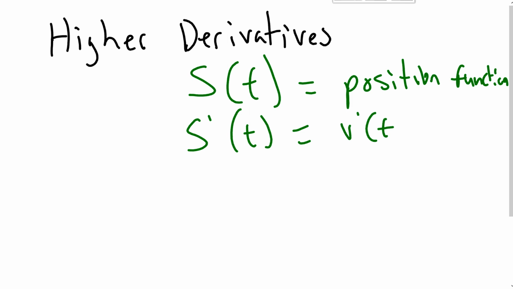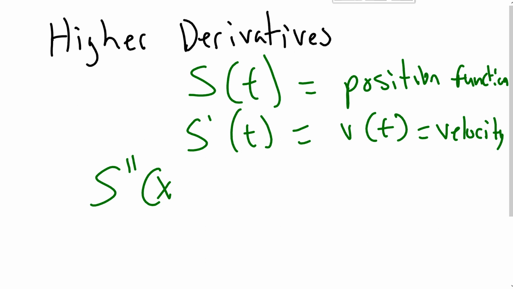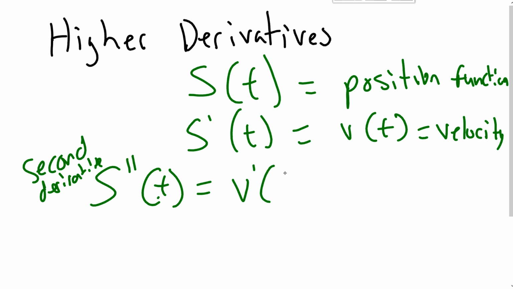And then the derivative of that would be s double prime of t. So the second derivative of the position function would be the first derivative of velocity, which is acceleration.